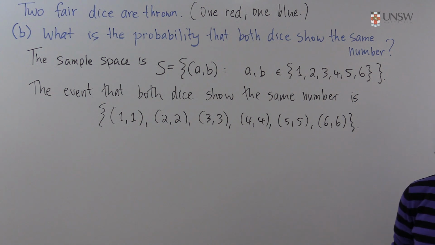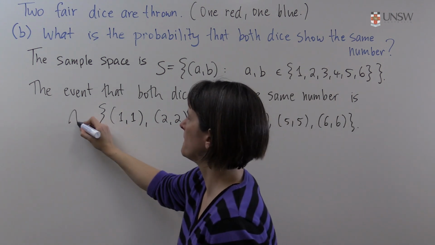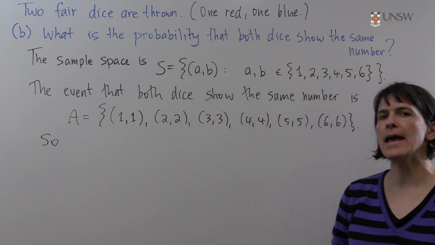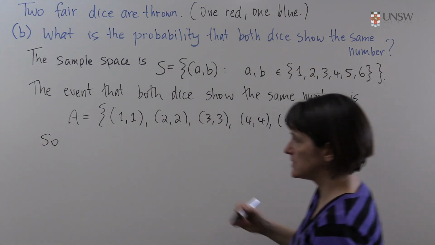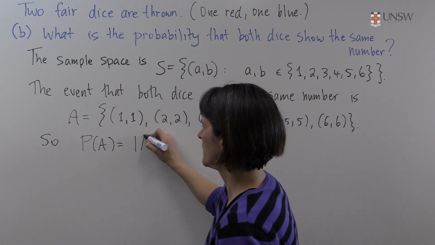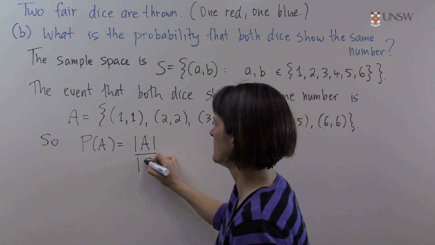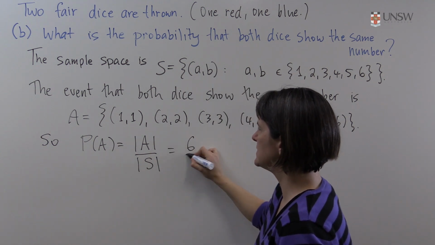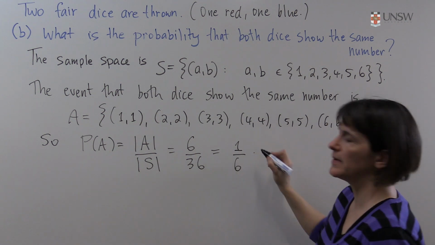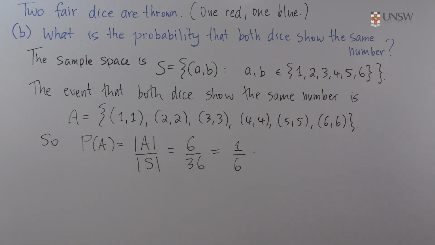Which obviously has size 6. We'll call this A. And so again, the probability of the event A is just the size of A divided by the size of S. Which in this case is 6/36, and you can cancel that to get a probability of 1/6.